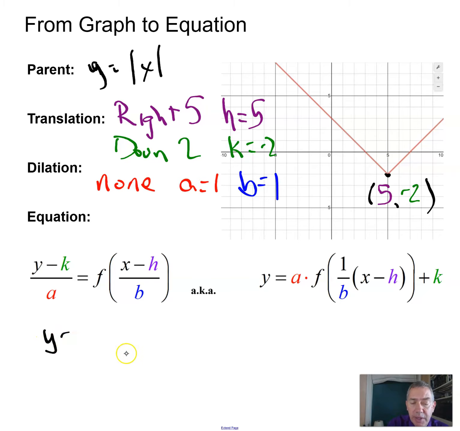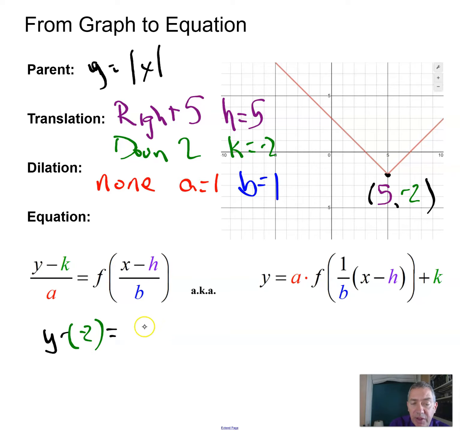y minus k is -2, divided by 1. Now here's the thing. You don't really need to divide by 1. Dividing by 1 isn't going to change anything, so I'm going to take that away just for simplicity.